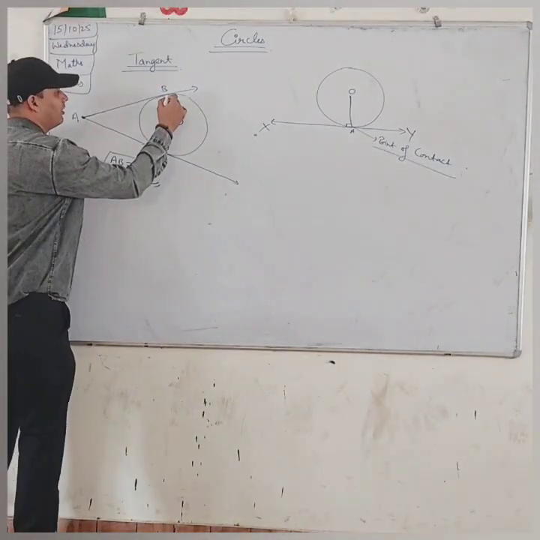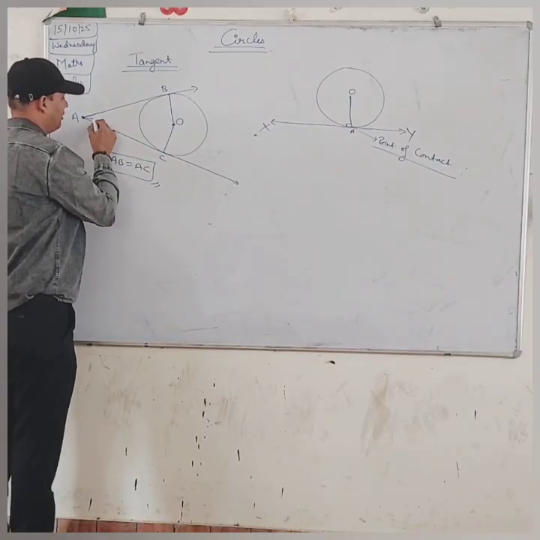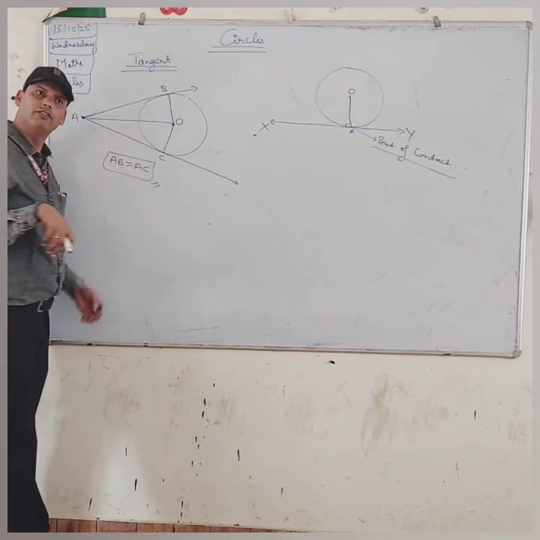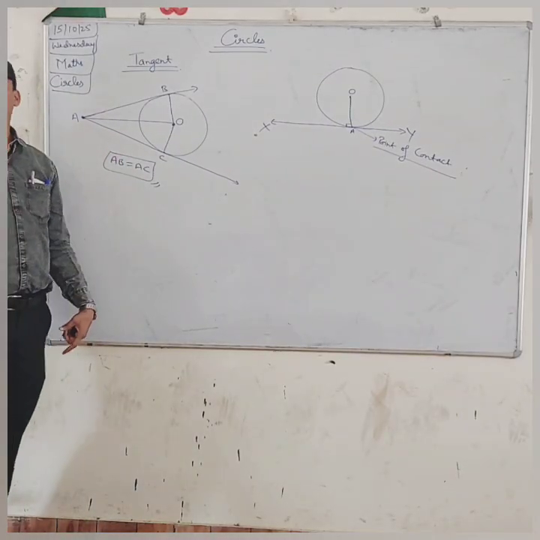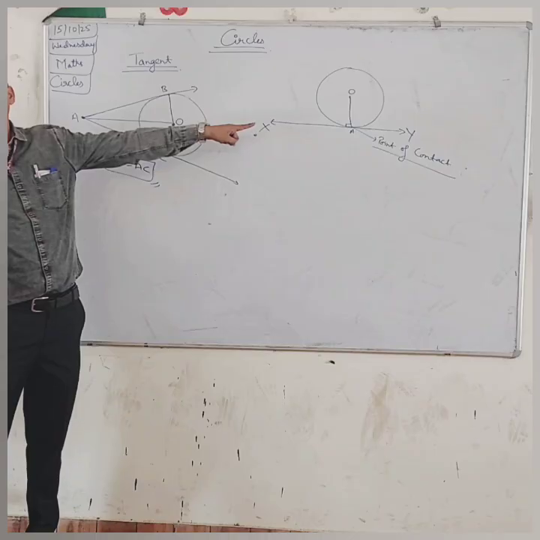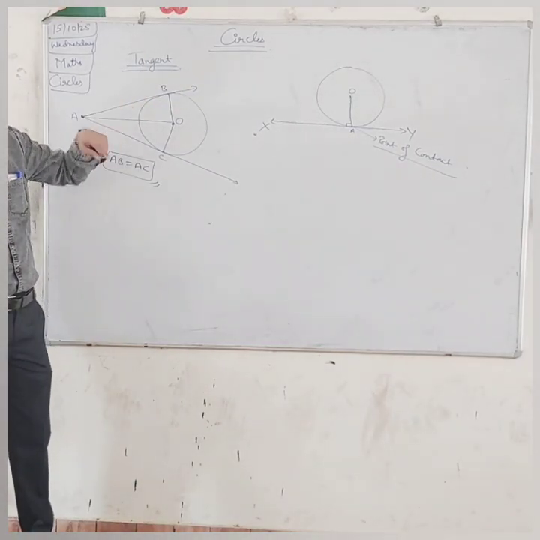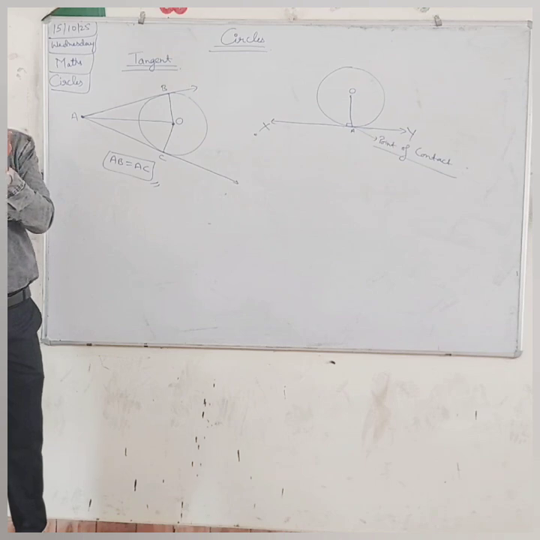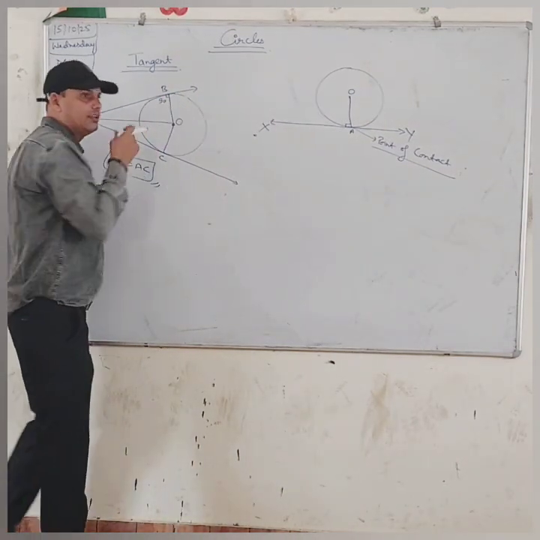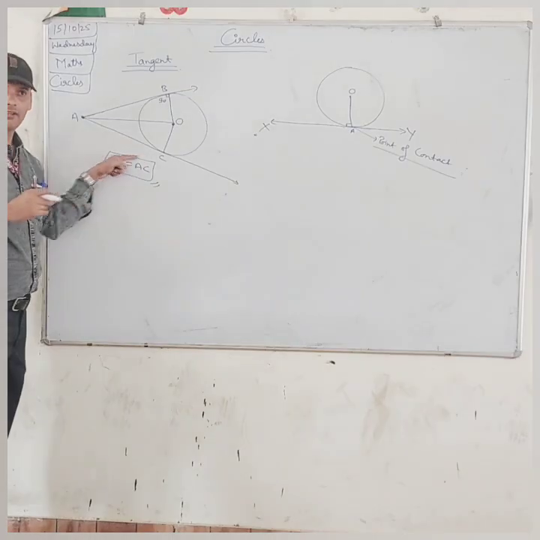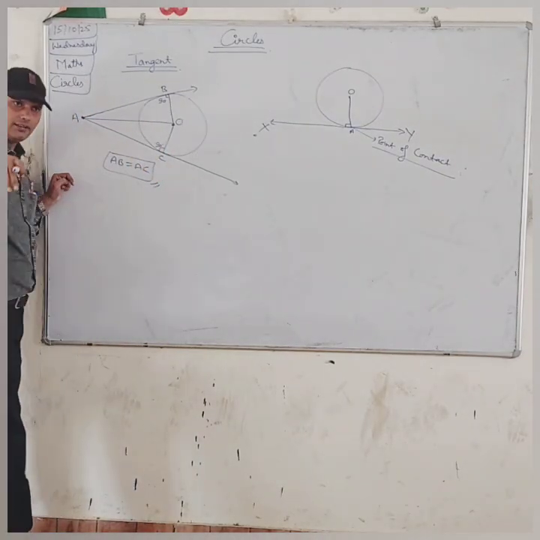Let's see. They have joined. Clear? Listen carefully. You all know that if a tangent is drawn, then at the point of contact the radius always makes an angle of 90 degrees. So this will be 90 degrees. Similarly, this is also a tangent, so this will also be 90 degrees.